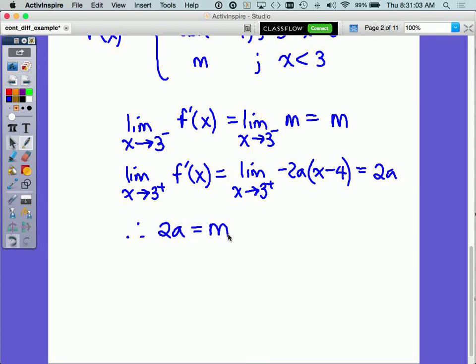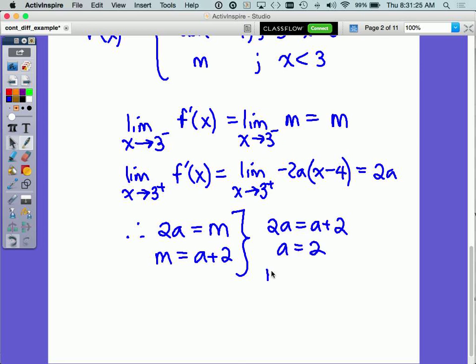But previously, for continuity, I said that m had to equal a plus 2. If I solve those two equations simultaneously, I can substitute a plus 2 in for m, and I get 2a equals a plus 2. Subtracting the a over, I'm left with a equals 2.